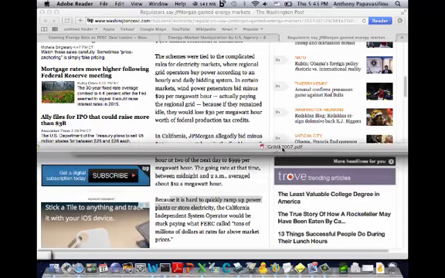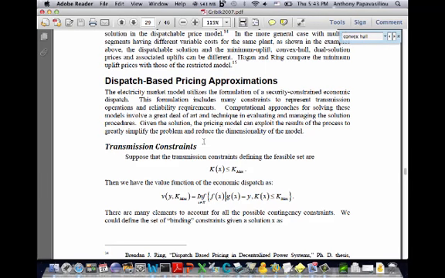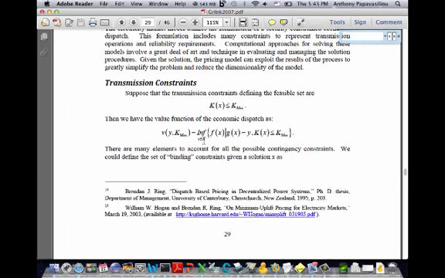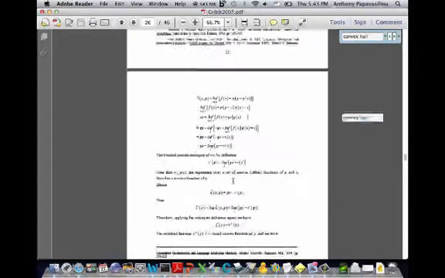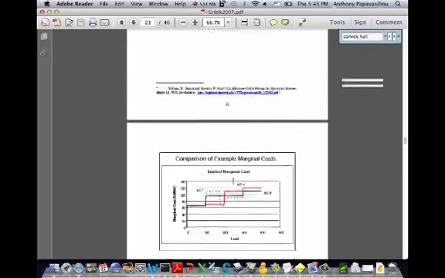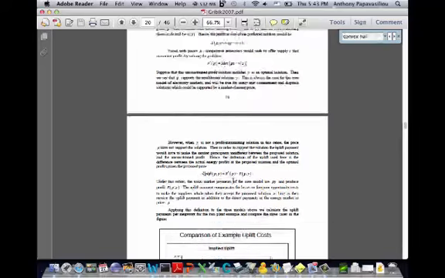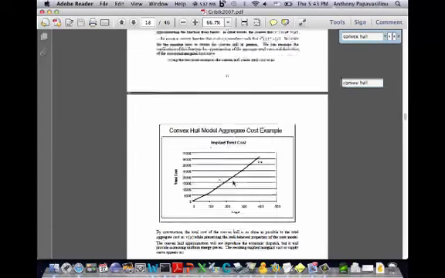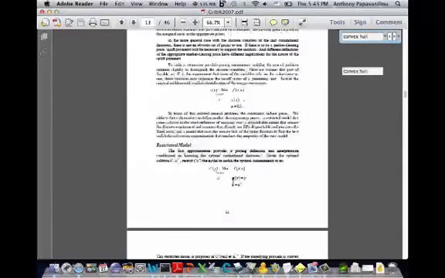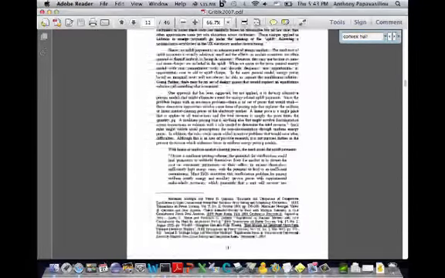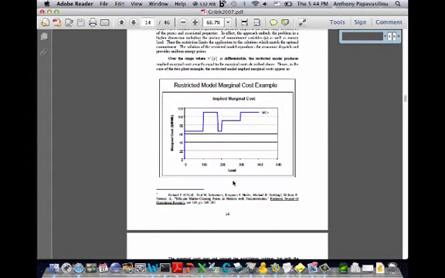Yes. So this is the publication by Bill Hogan and his group. And here's an example of how these two pricing approaches are in fact different. He has a figure, don't worry about all the math. So over here, this is the real marginal cost of some generator.